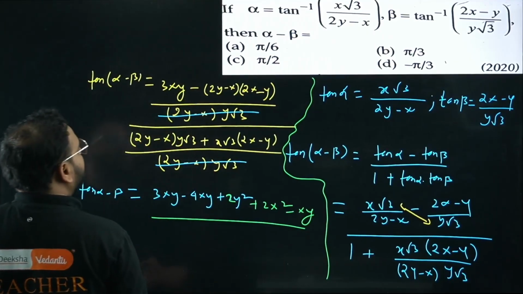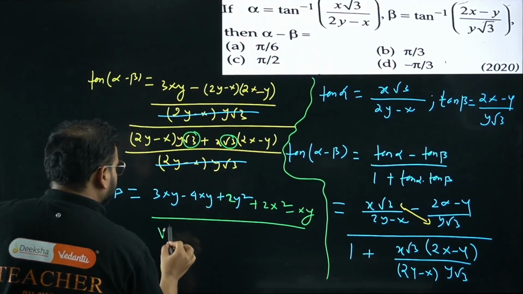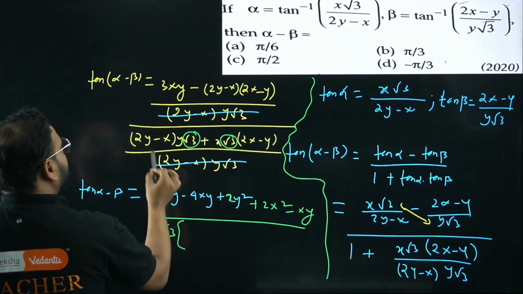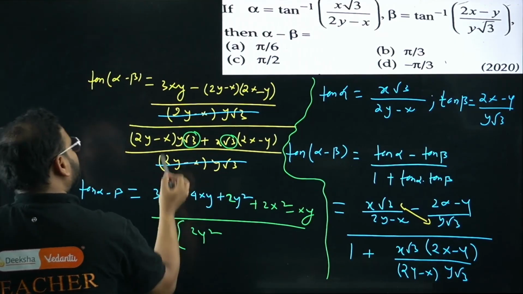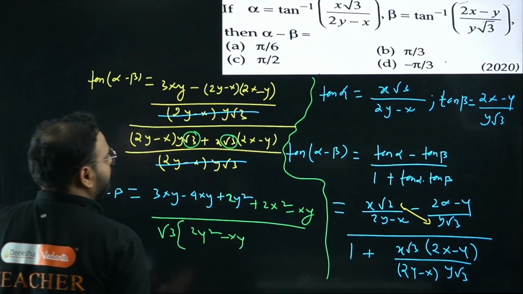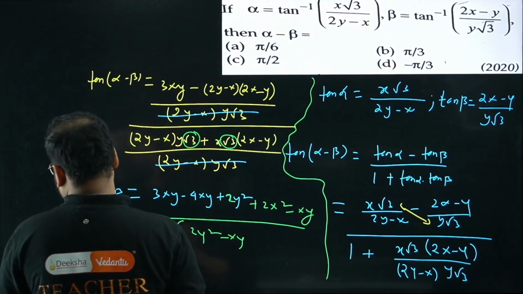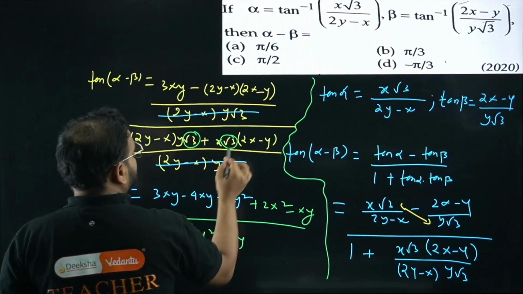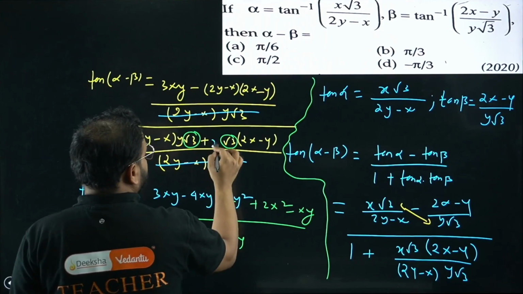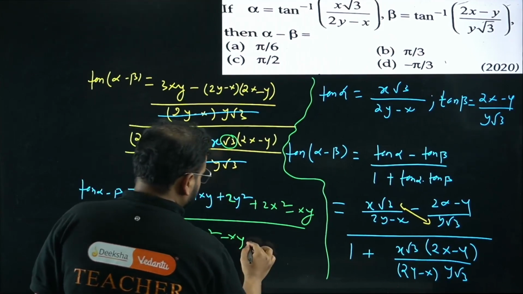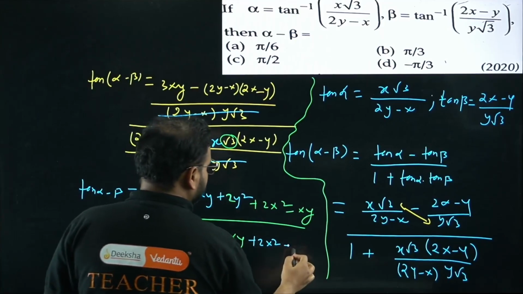Look at the denominator now. Root 3 is in both terms, so I can take it common. 2y into y is 2y square. X into y, minus xy. X into 2x becomes plus 2x square. And x into minus y becomes minus xy.